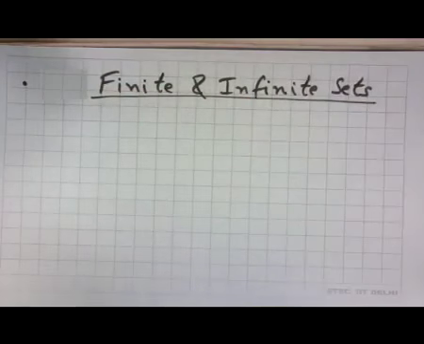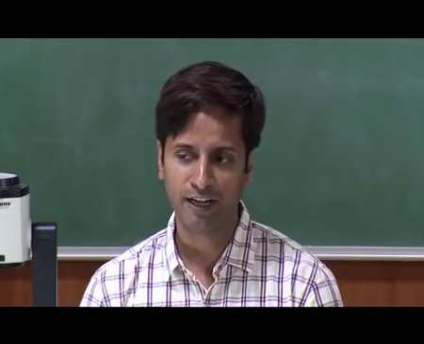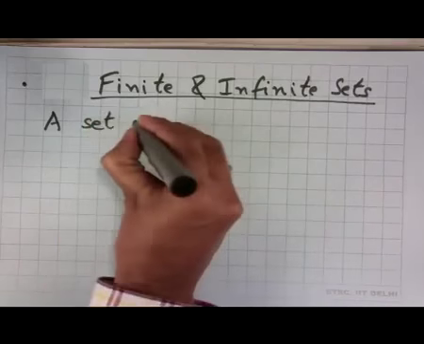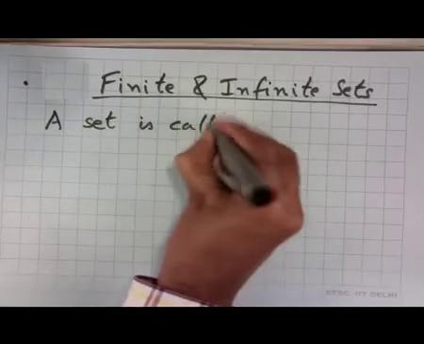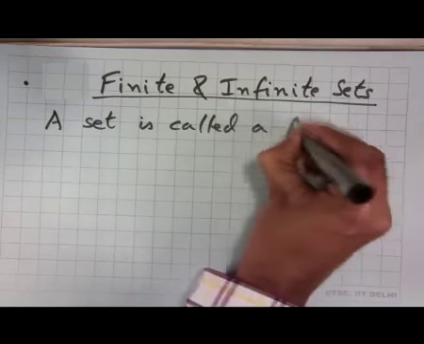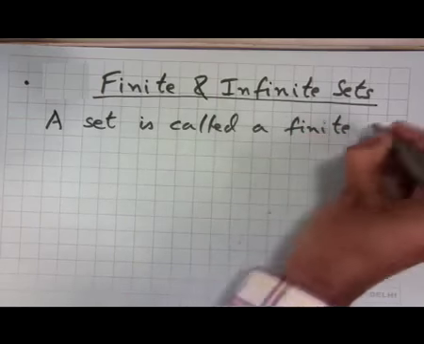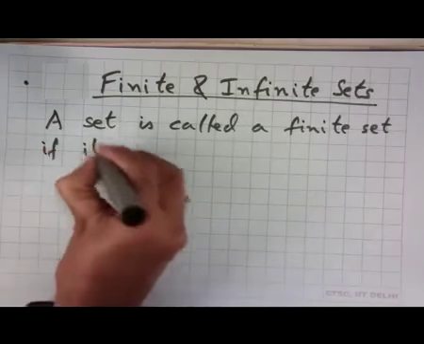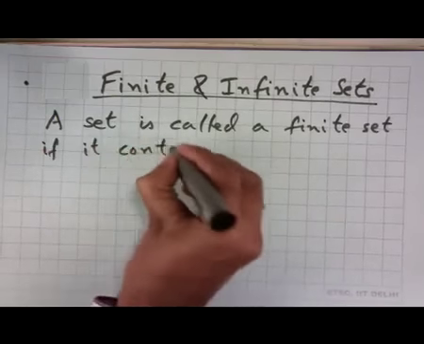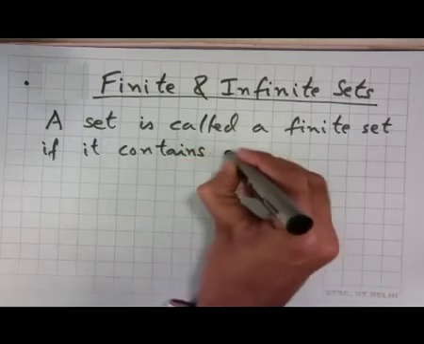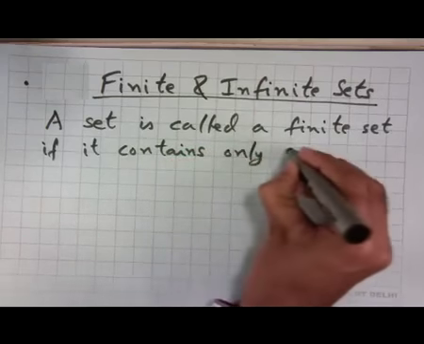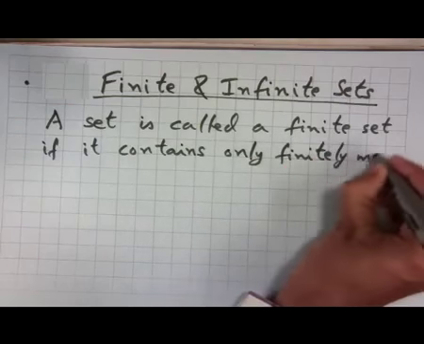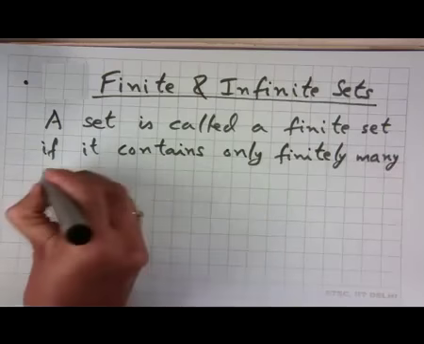A finite set is a set which contains only finitely many elements. So, a set is called a finite set if it contains only finitely many elements.